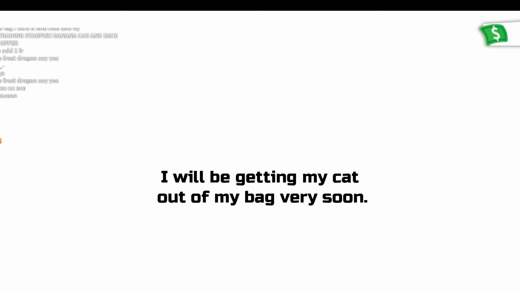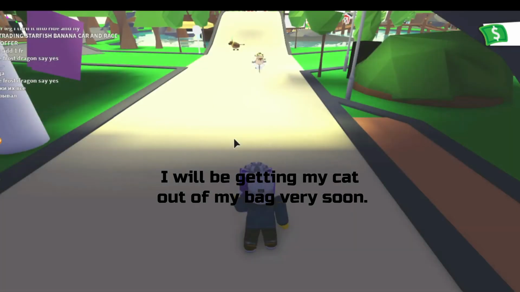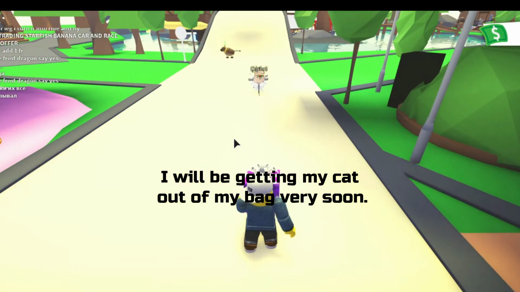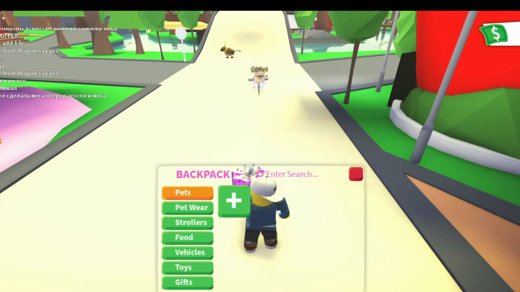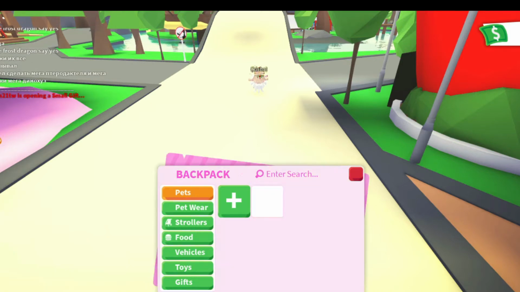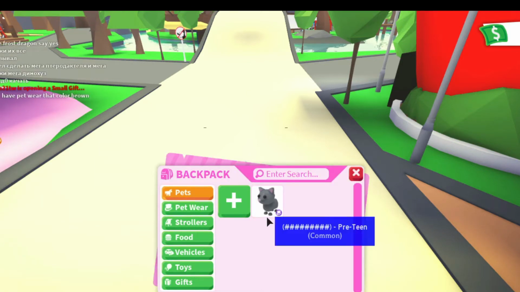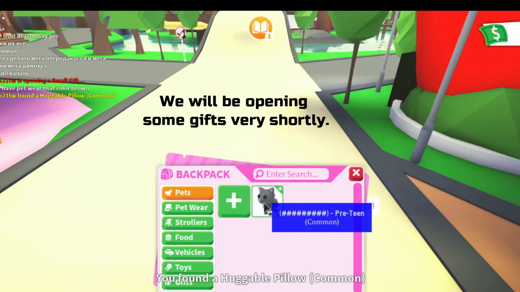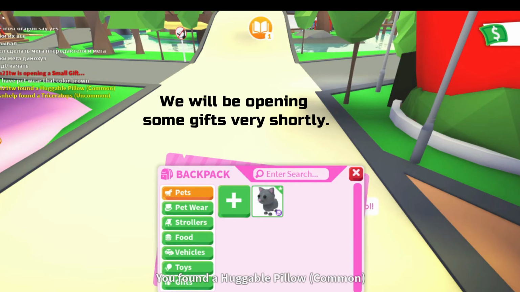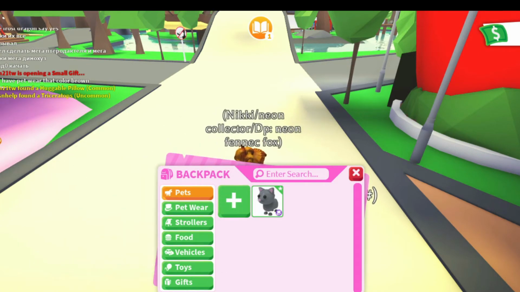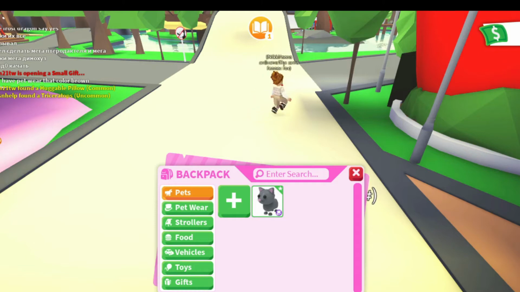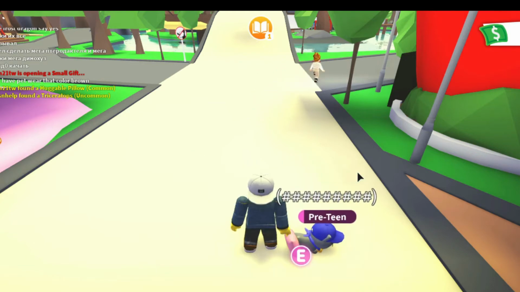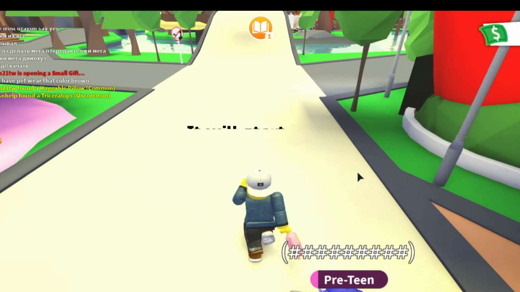Will be getting my cat out of my bag in a moment. Let's try. There we go, that's better. Oh, and it looks like we will be opening some gifts. Watch the cat.